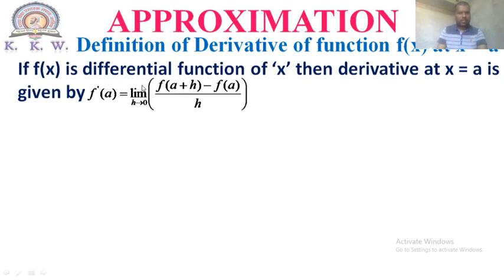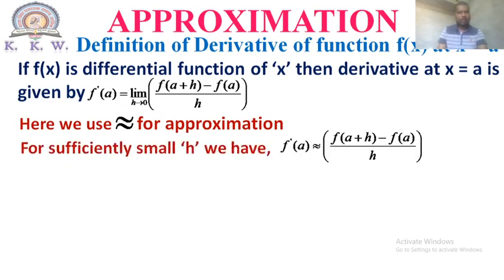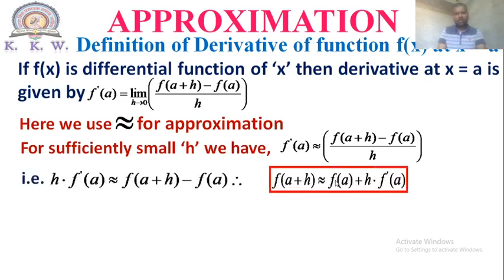By removing this limit, f dash of a becomes approximately equal to, and symbolically it can be written in this symbol. Therefore, f dash of a is approximately equal to f of a plus h minus f of a upon h. Now, on simplifying this equation, we'll get f of a plus h is approximately equal to f of a plus h into f dash of a.